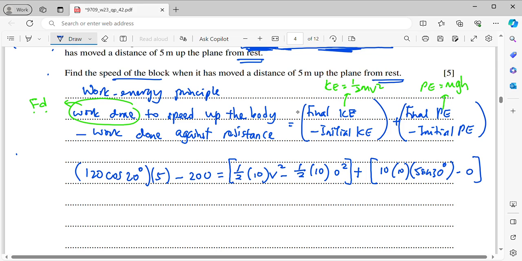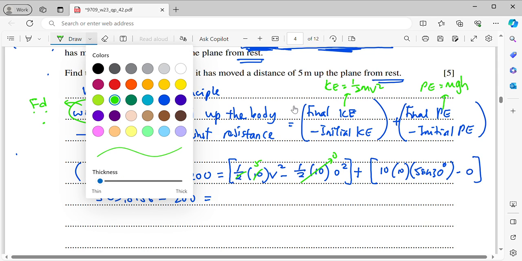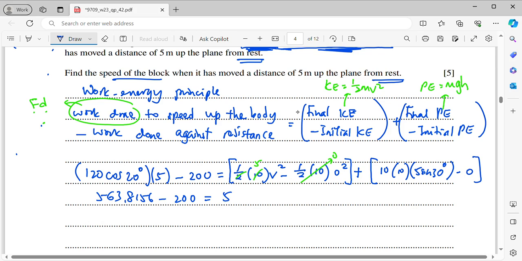For the left-hand side first term, when you calculate, it will be 563.8156, then minus 200 equals to, the first term on the right will be 0 because of the 0 squared. The second term will be 5v squared, and then the first term of the second bracket on the right side will be plus 250.